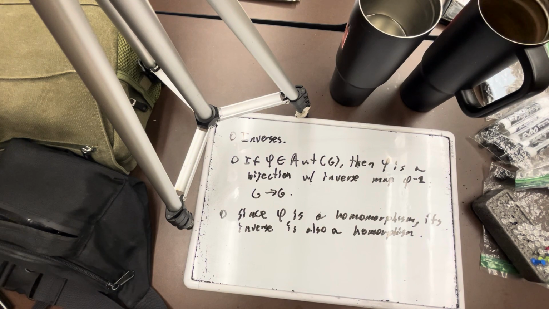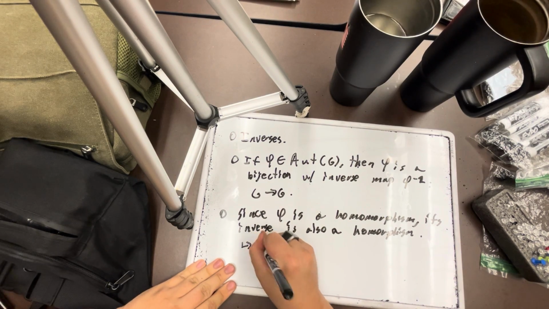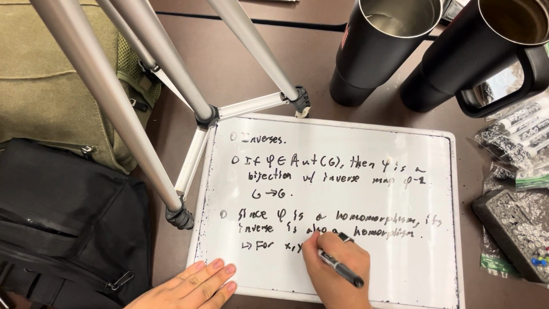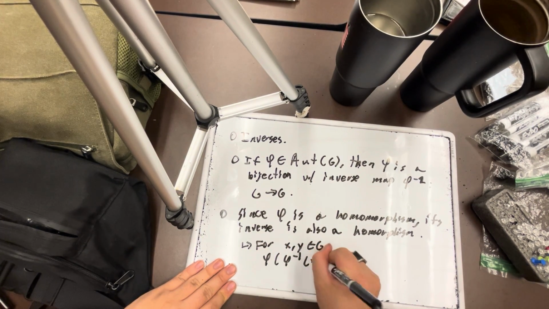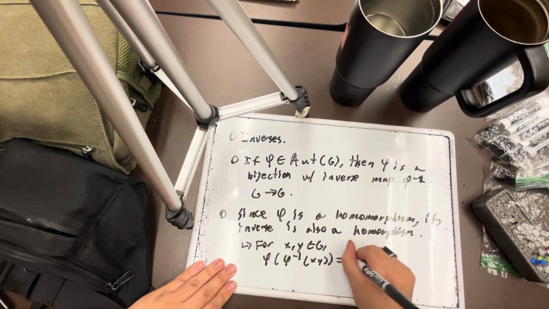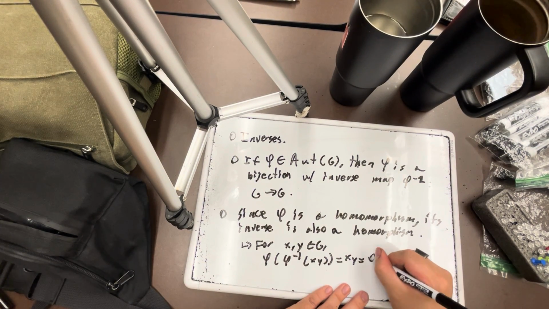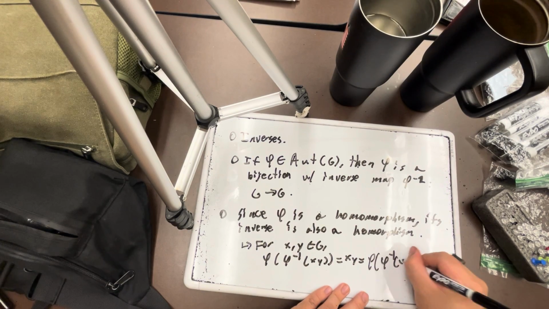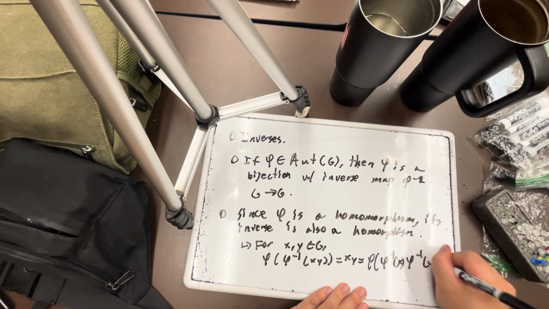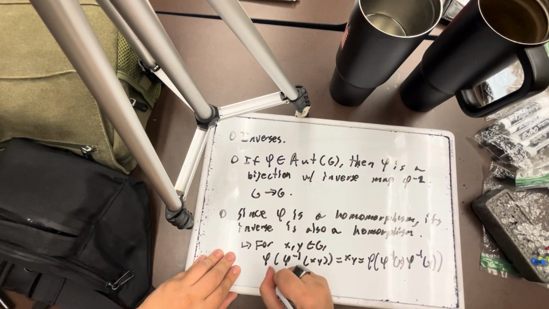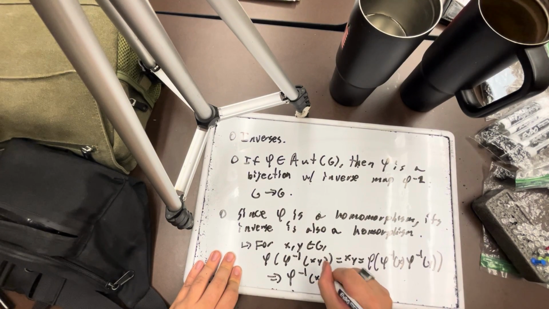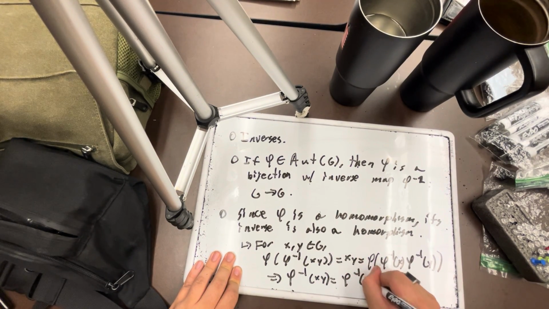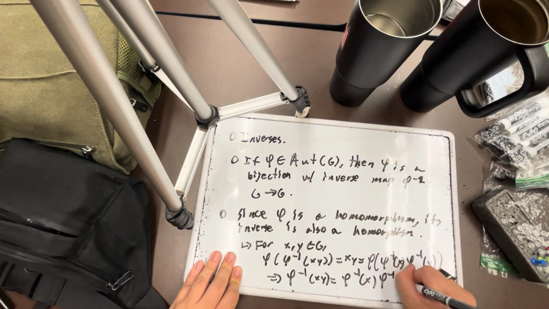Well, more directly, for x, y contained within G, we have phi of the inverse of phi of xy, that is equal to xy, which is equal to phi of the inverse of phi of x times the inverse of phi of y, which implies that the inverse of phi of xy is equal to the inverse of phi of x times the inverse of phi of y.